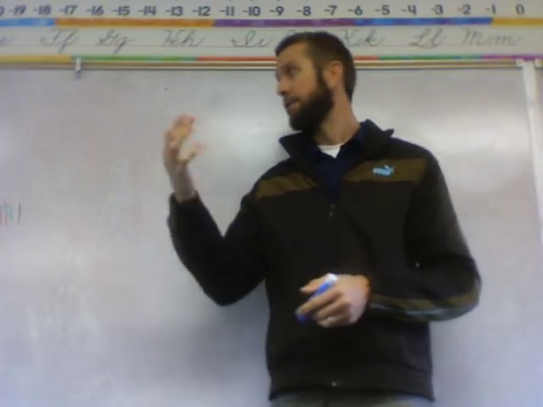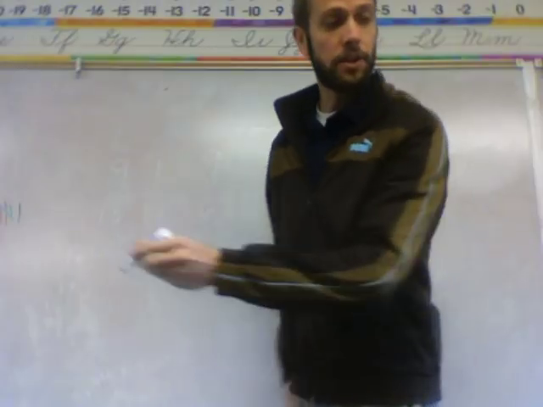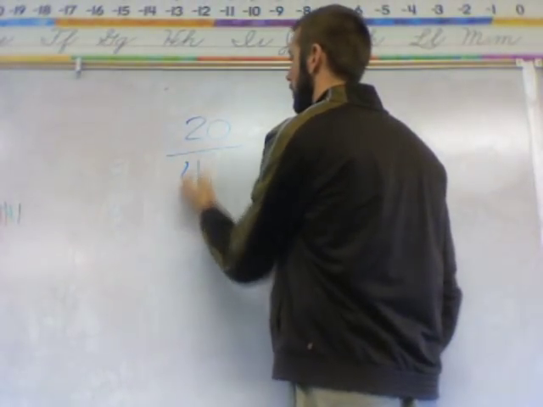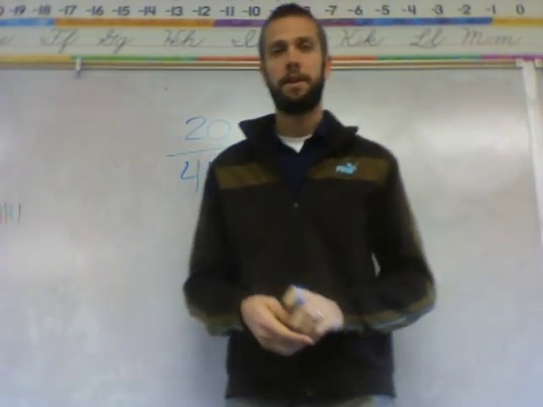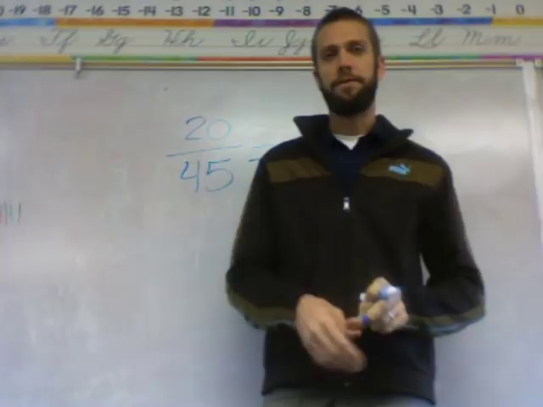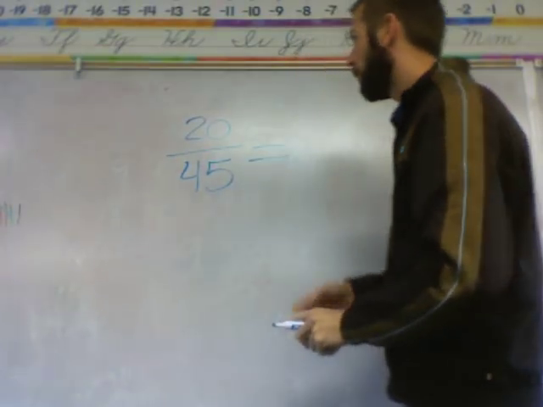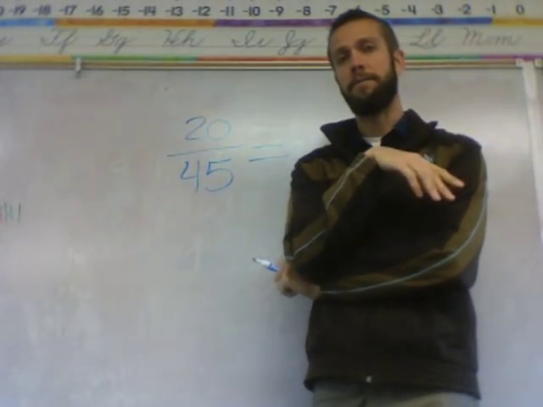And when you get into your work, like number 12, it is 20 over 45, and they want you to reduce. Now the fastest way to reduce is to divide by the greatest common factor. Now, what's the greatest number that can go into 20 and 45?